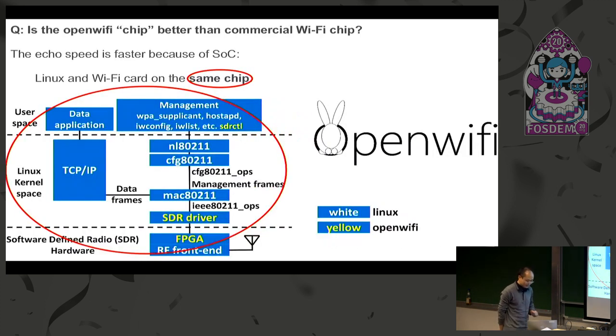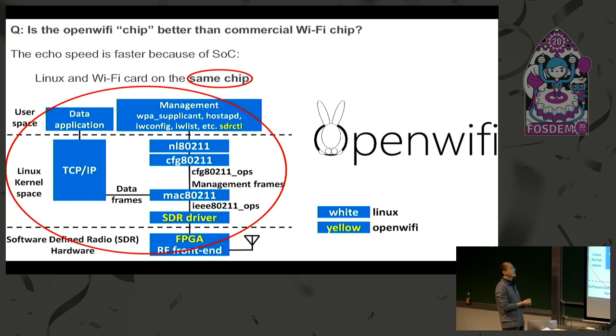Well, I would say maybe so far we identify at least one point, maybe it's attractive or a little bit better than a commercial Wi-Fi chip. The point is that our design currently is based on the system on chip, the Xilinx Zynq FPGA, with the ARM processor embedded.